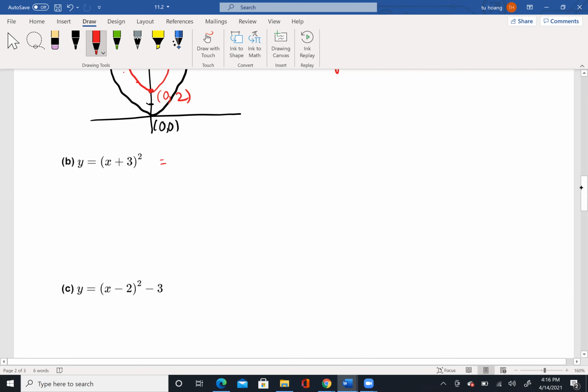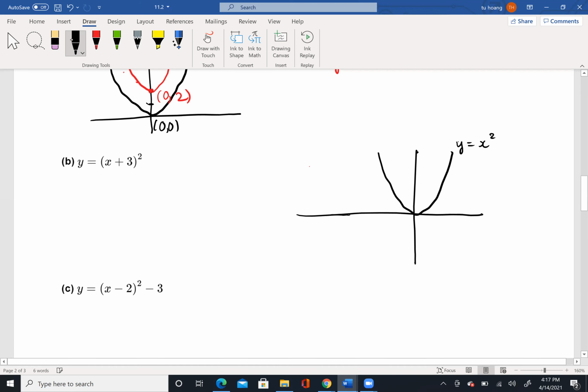I don't even need to write it down. I'm just going to have the graph here. So I'm going to move to the left. The original one was here, y equal to x squared.